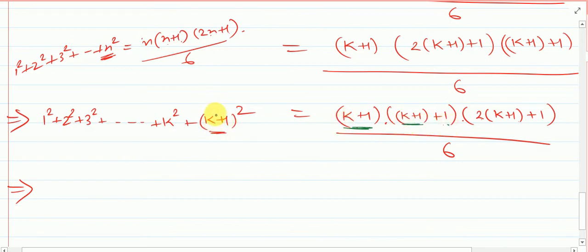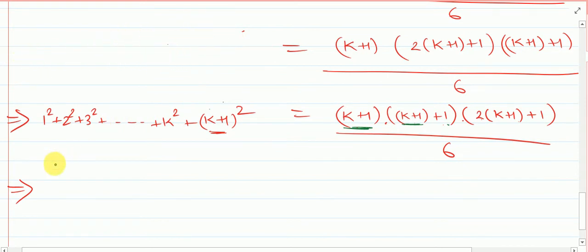Because if you think that this is like z, then this whole thing will be z, z plus 1, and then 2z plus 1. Yes or no? So you can see that the same pattern is followed for k plus 1 also. So therefore this whole thing that you have got is nothing but the statement P(k plus 1).